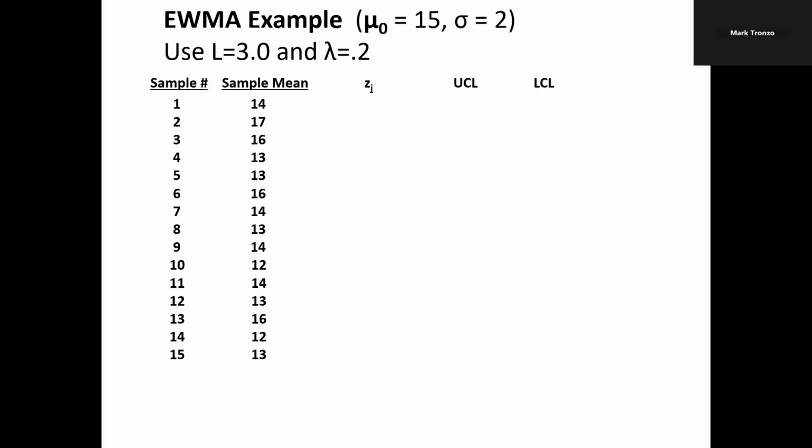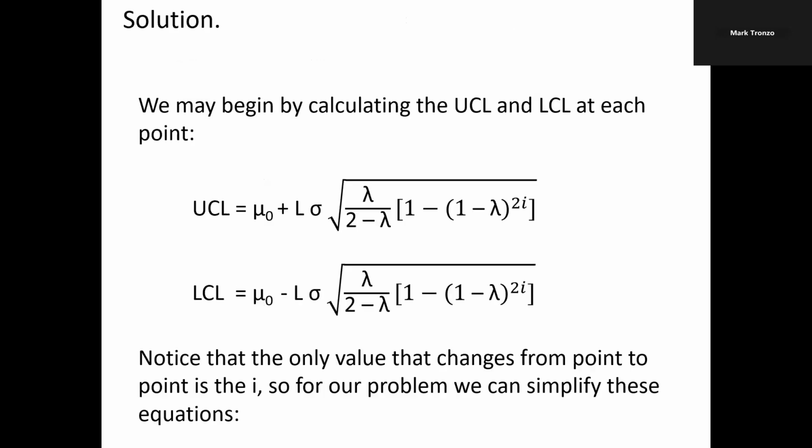Remember, the general idea of 3 is the number of standard deviations. And lambda, in this case, we'll use a lambda of 0.2. Now we'll start by calculating our upper control limits and lower control limits. We'll calculate these for a couple of points. Remember, you actually don't need any sample points to calculate these upper and lower control limits.